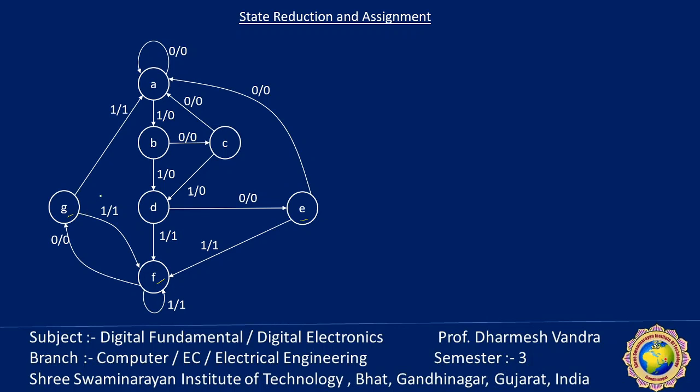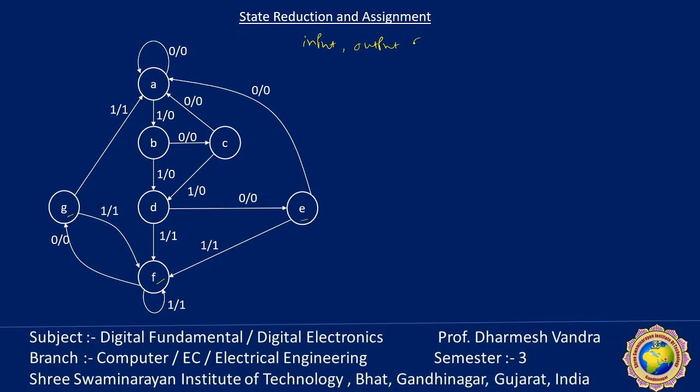And here how can we tell that the reduced circuit has the same functionality as the given table? Only the input and output sequence are important. Remember that thing.